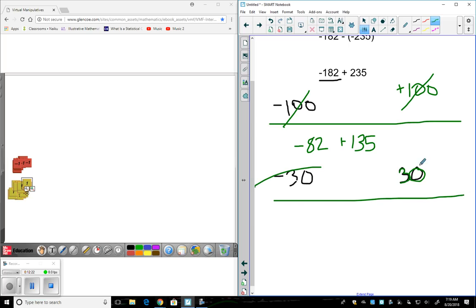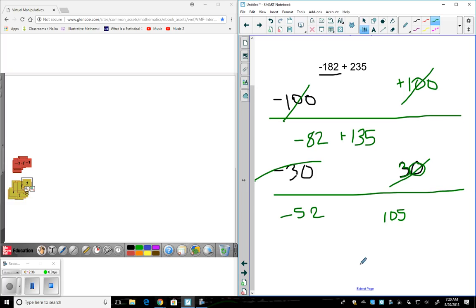So that now they will cancel out. And on this side, I'm left with negative 52 and a positive 105. So this is just trying to teach you how to use the algebra tiles on paper if it's really, really big numbers like this.